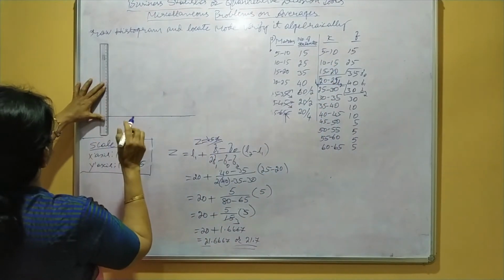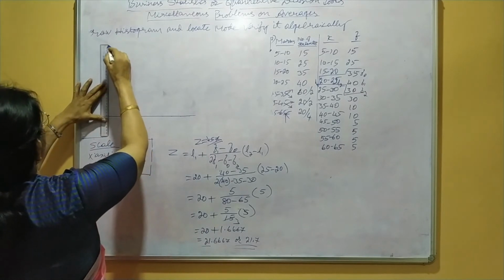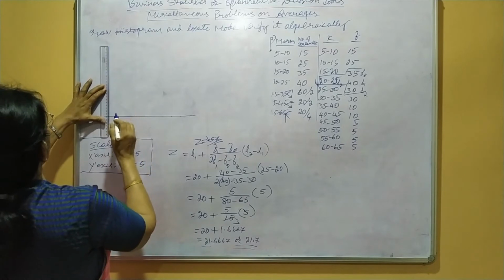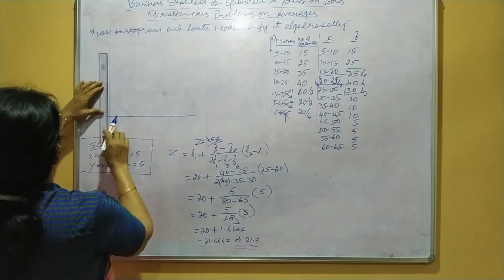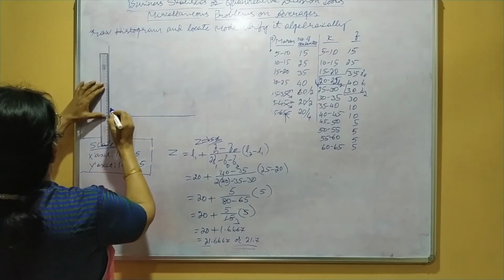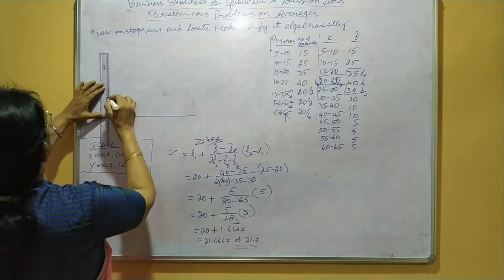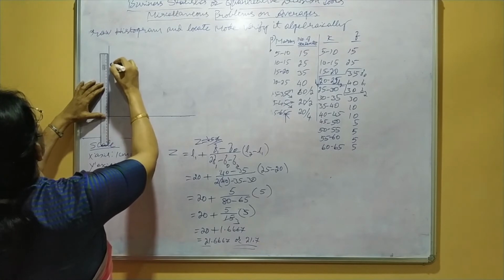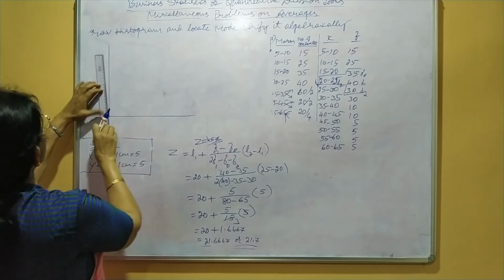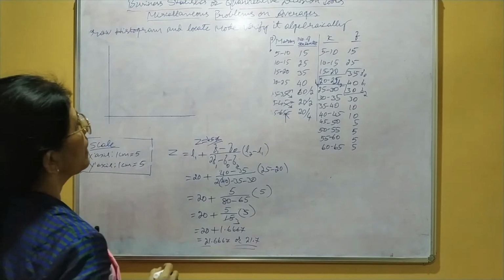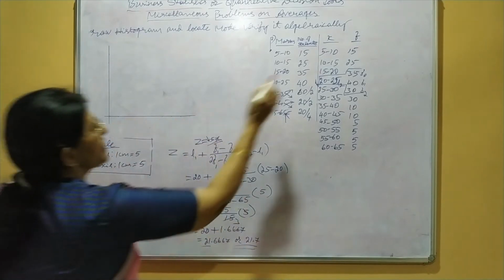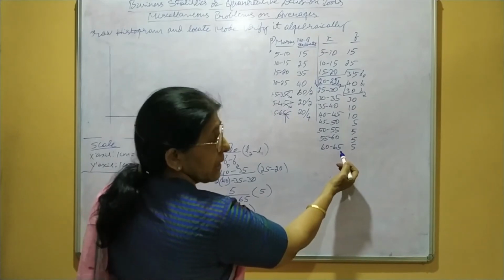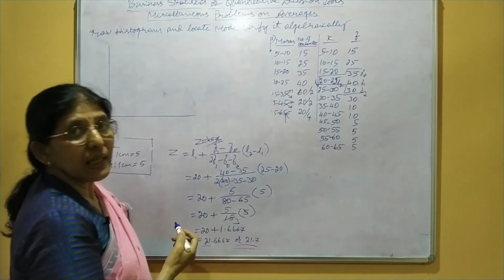On the x-axis, we have to start from the lower limit 5 and go up to the upper limit of the last class, 65.